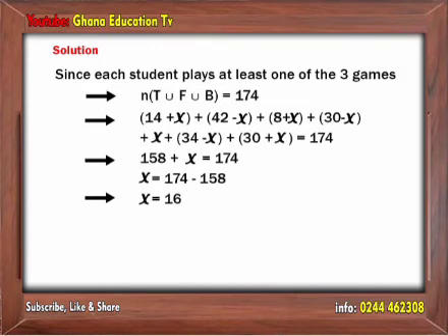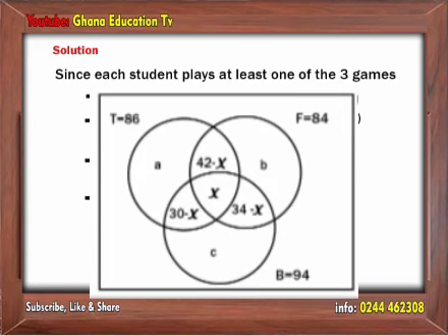So in solving for x, since each student plays at least one of the 3 games, we have N of T union F union B equals 174. So 14 plus x plus 42 minus x plus 8 plus x plus 30 minus x plus x plus 34 minus x plus 30 plus x equals 174.